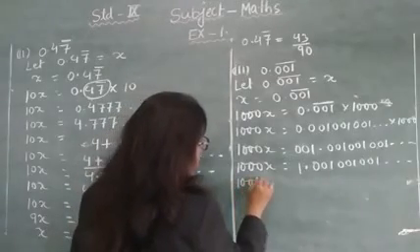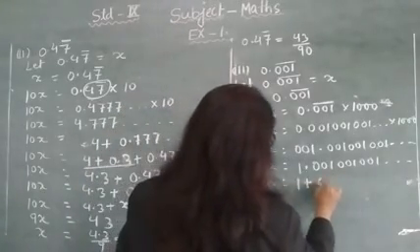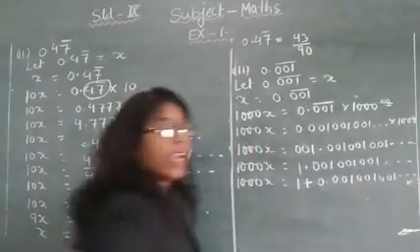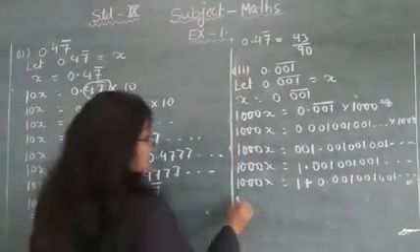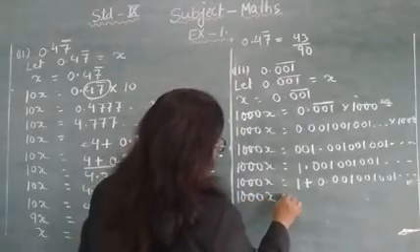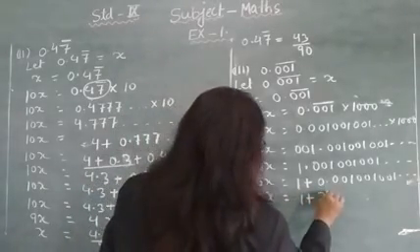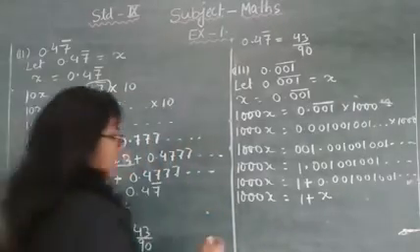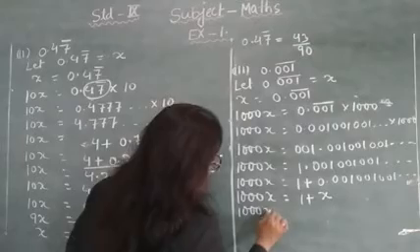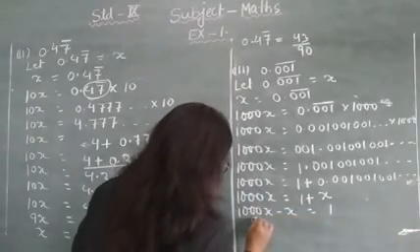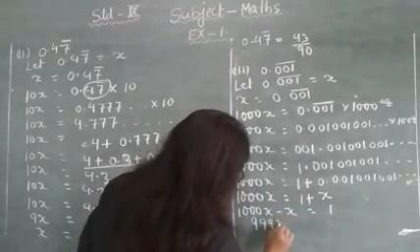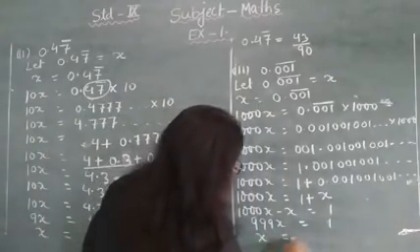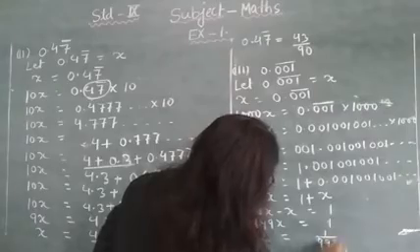So 1000x is equal to 1 plus 0.001, like that. We will continue. So 1000x is equal to 1 plus x. So when you shift x to the left side, 1000x minus x is equal to 1. So it is 999x is equal to 1. So x is equal to 1 upon 999.